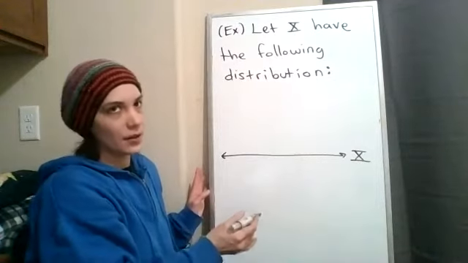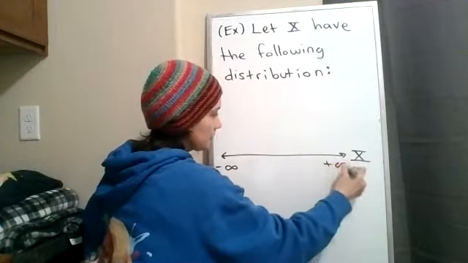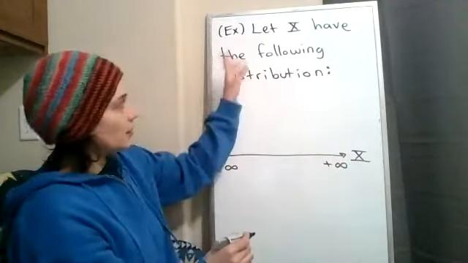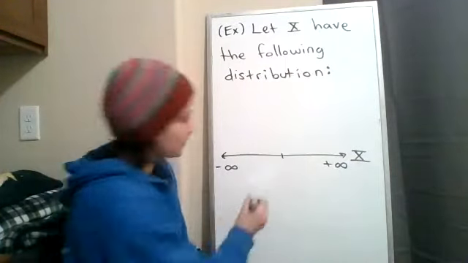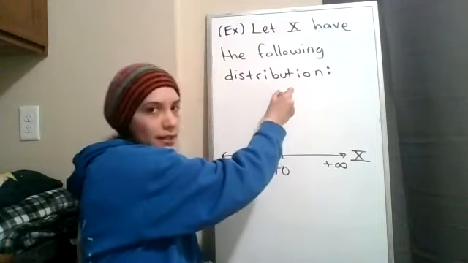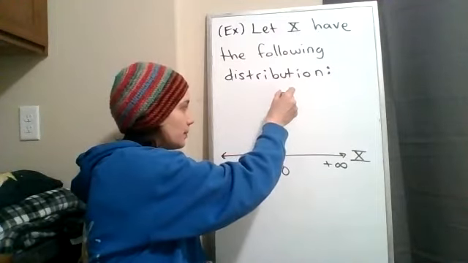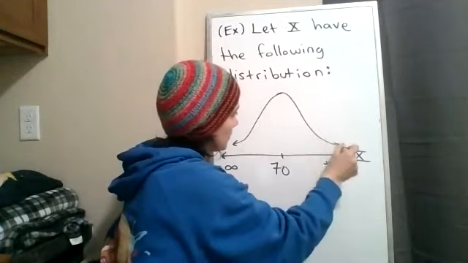Okay, we are over a number line. I'm going to mark the mean. It's 70. And we're going up here. It's a normal distribution, so we're over like that.